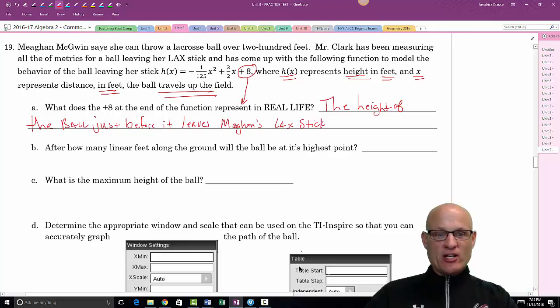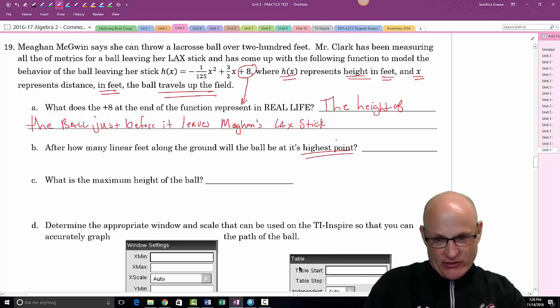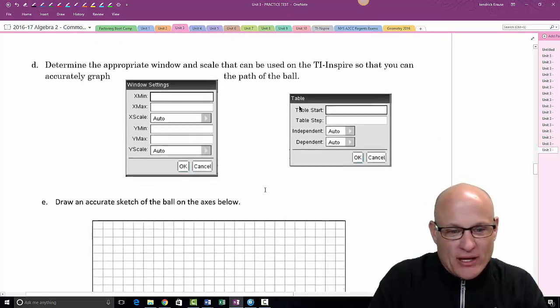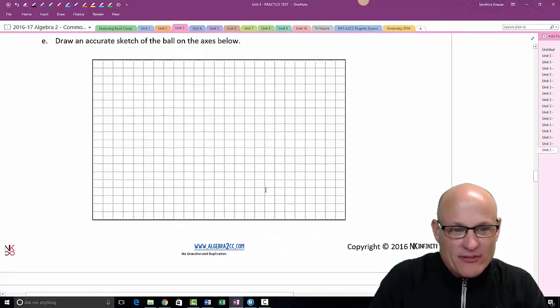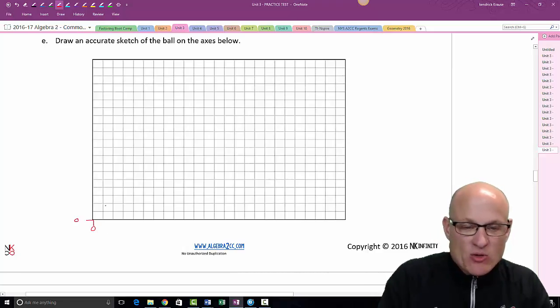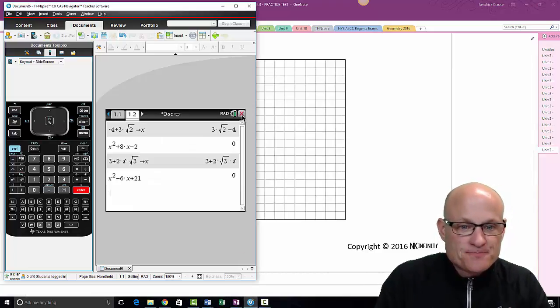How many linear feet along the ground will the ball be at its highest point? Okay, so clearly we have to graph this sucker. And so what I'm going to do is I'm going to come back and answer those questions after I've taken the time to graph it. So we're going to graph it. We know we want only the first quadrant, so we know we want this to be 0 and this to be 0. But we need to graph this thing, so let's take a look.